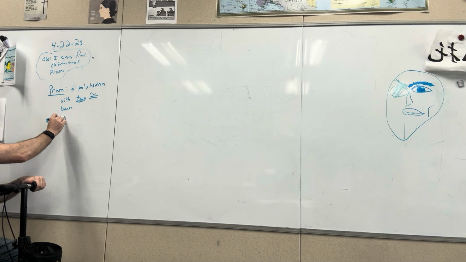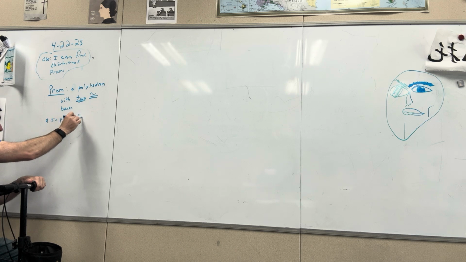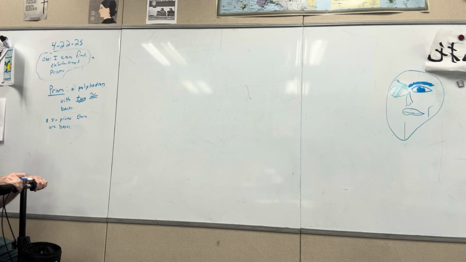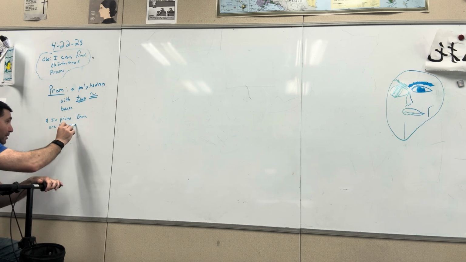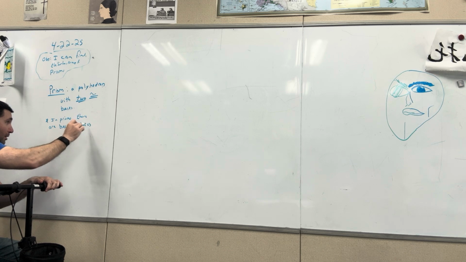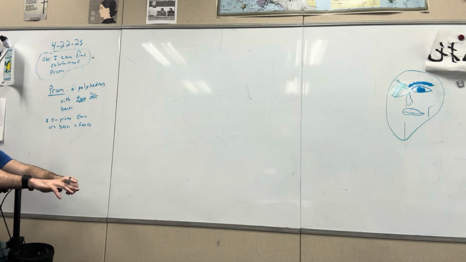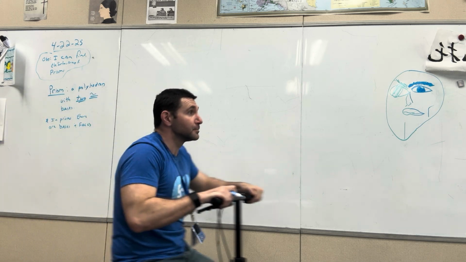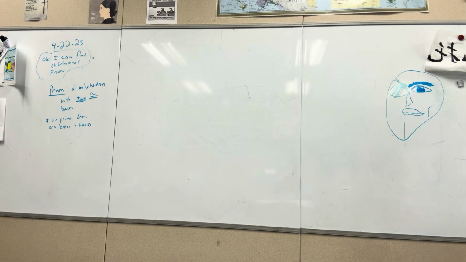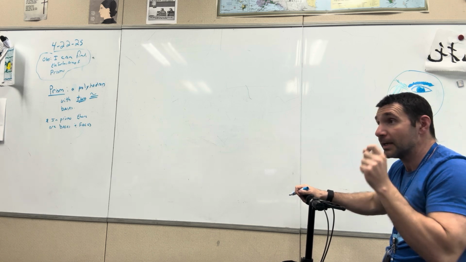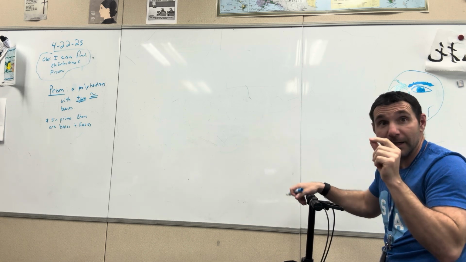In prisms, there are bases and faces. The only thing that makes it a prism is that it is a polyhedron, which sounds like what?